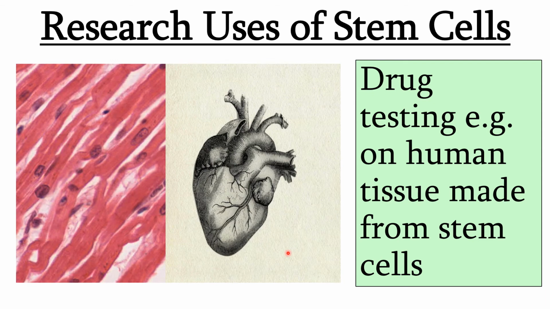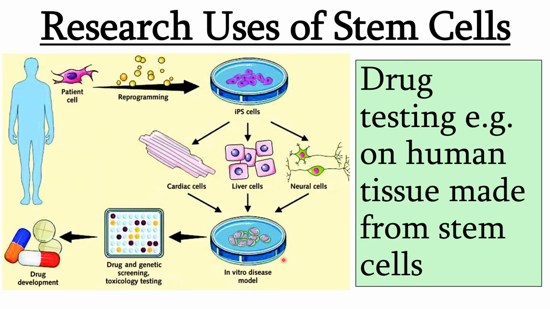So if you imagine, if you could get stem cells and you were able to program them in such a way, switch on the specific genes needed to produce a heart, then you could have human hearts that you apply the drugs to, and you would test them rather than testing so much in animals.